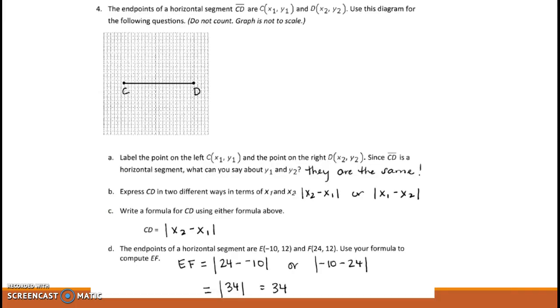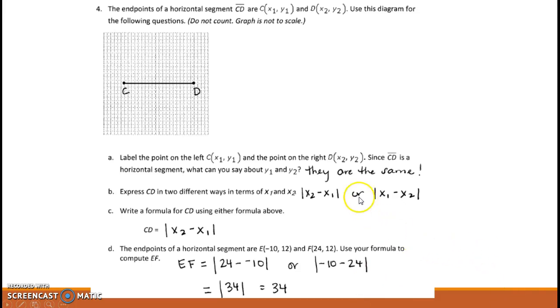So question 4 is just like question 3, but now we're focusing on the horizontal piece. So again, we have arbitrary points for C and D, x1, y1, and x2, y2. Since CD is a horizontal segment, then we know that those y-coordinates are the same. Therefore, we can express the distance between C and D by subtracting the x-coordinates.